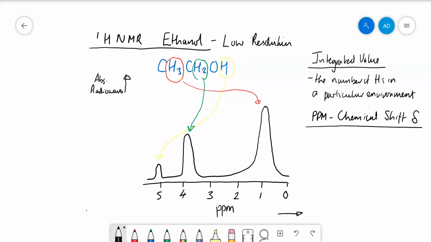The chemical shift depends on the environment of the hydrogens giving that peak. How close are they to electronegative elements?